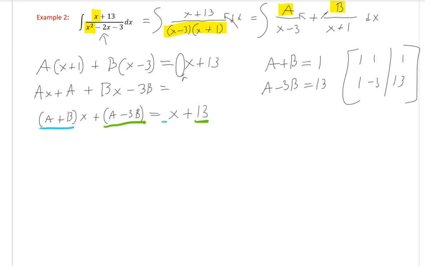And what I'm going to do is simply subtract these. So let's even subtract them right here. If I subtract them, that'll cancel out a's, and I get b minus negative 3b will give me 4b, equals 1 minus 13 will give me negative 12. Divide by 4, and I get b equals negative 3.